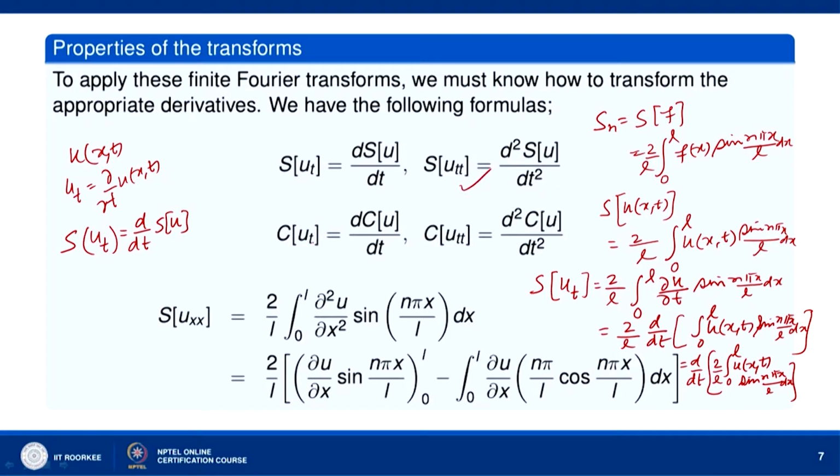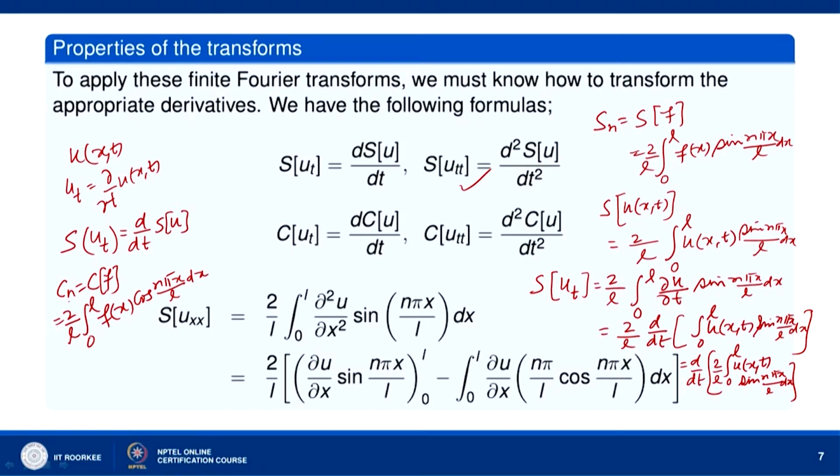Okay. C of ut, how we defined C of f? Cn, C of f we defined as 2 over L integral 0 to L f(x) cos n pi x over L dx. Okay.